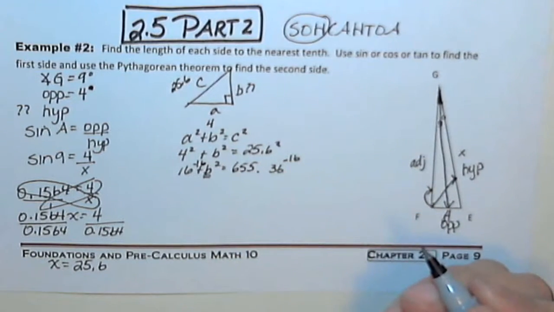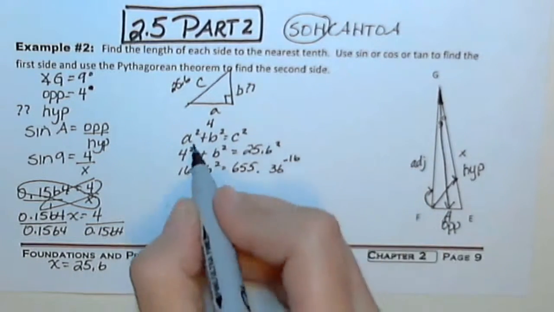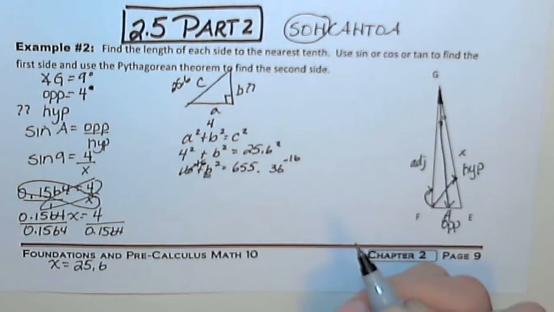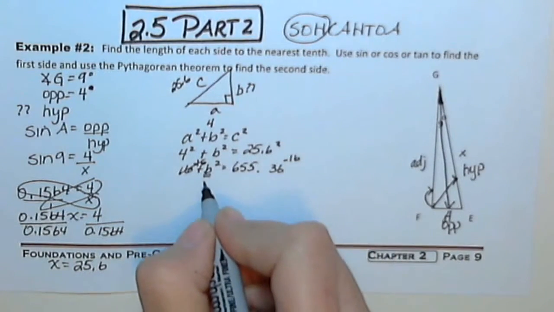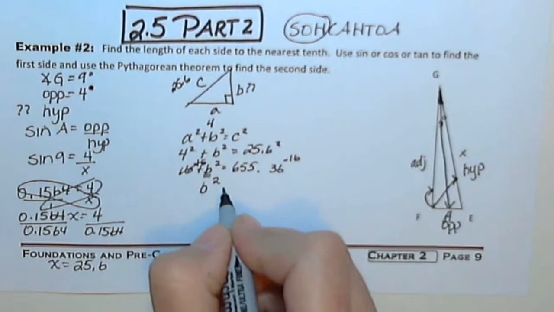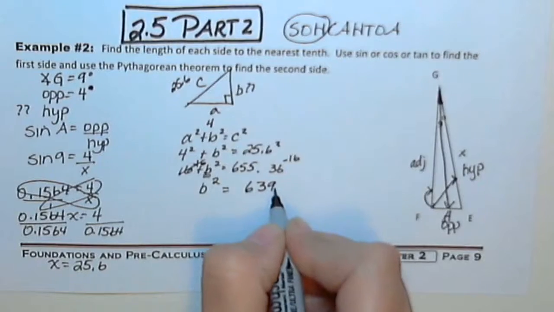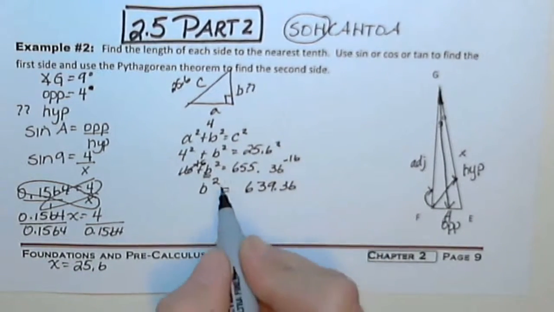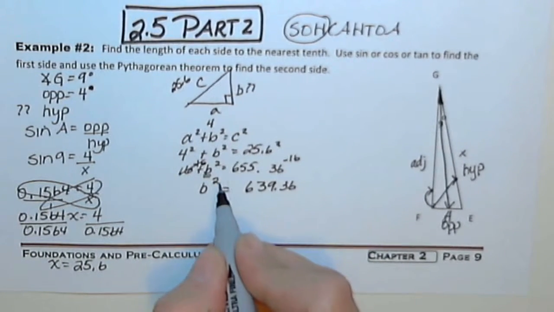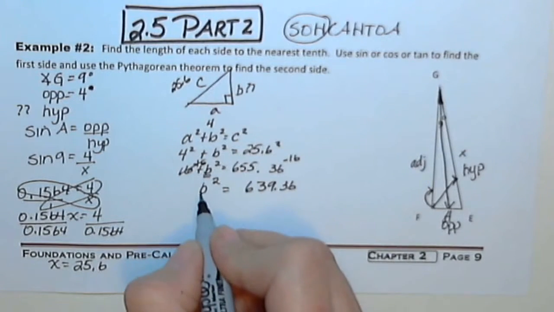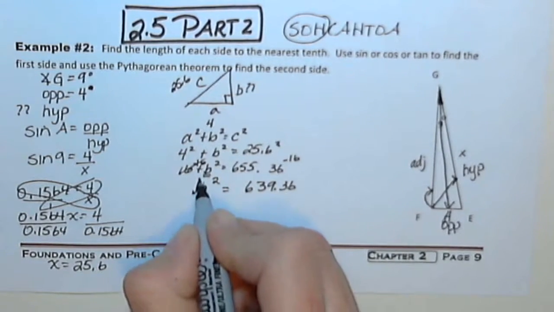You can write that in a separate step, or you can write it like this if you want to. The 16 minus 16 is going to be gone. It turns into 0. And I'm left with b squared is equal to 639.36. Now the b is almost by itself. It has a little square up there, though, and that needs to go away. The only way to get rid of a square is to square root it.